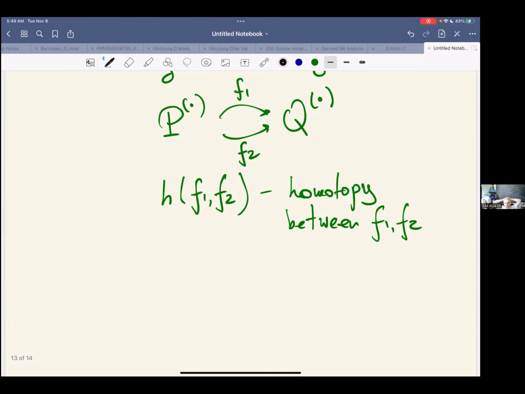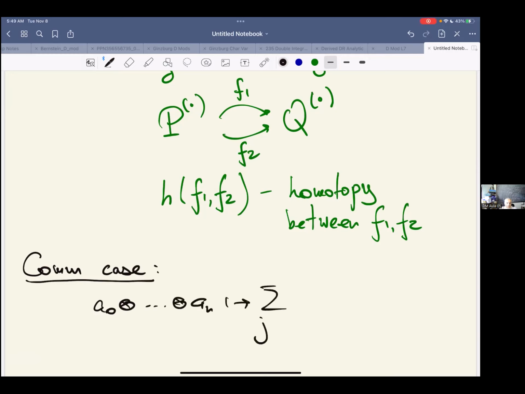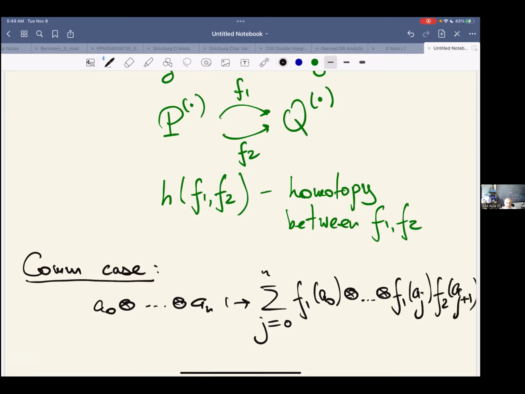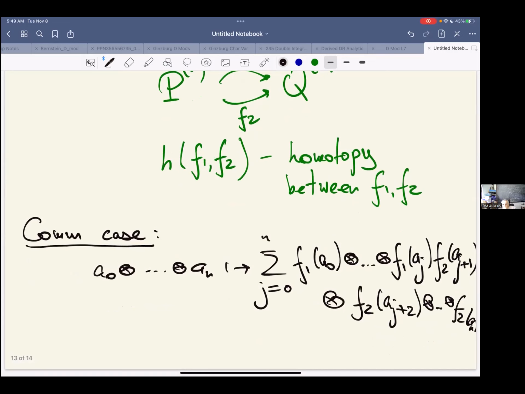And maybe let me just write one formula in the commutative case. This is an explicit formula.